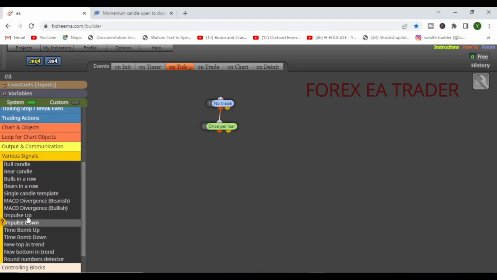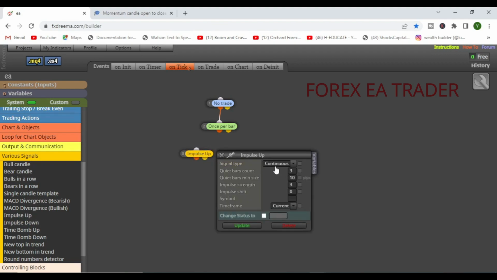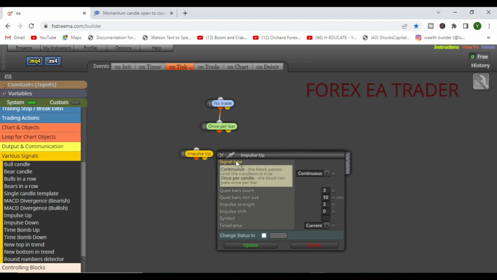So if you come here, there are these blocks, impulse up and impulse down. If we take this block and double click in there, you can see the various options that we have. So signal type, you can basically click on these lines if you want to learn more about what it means.